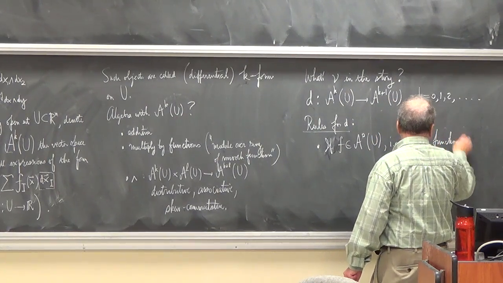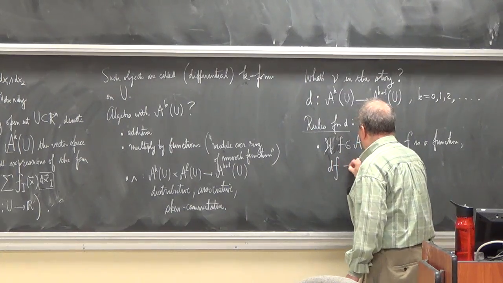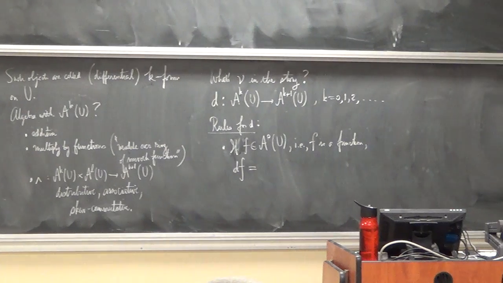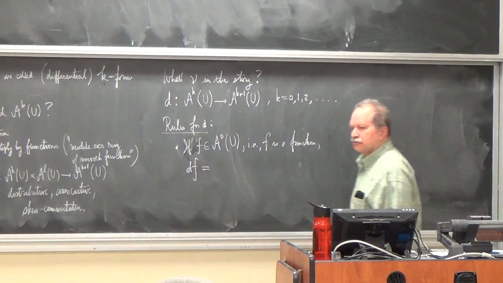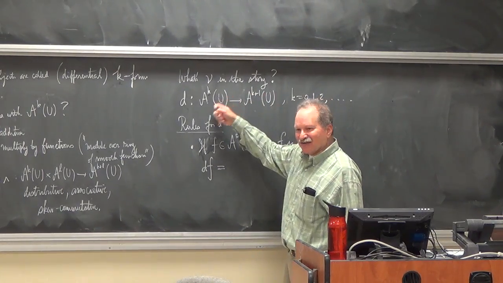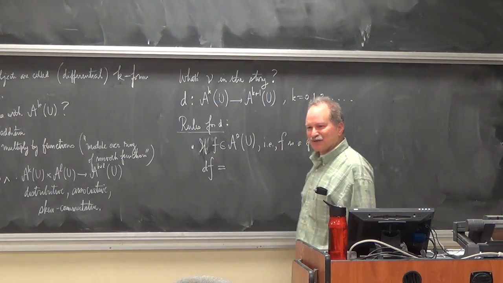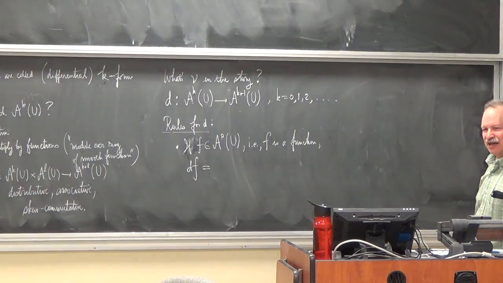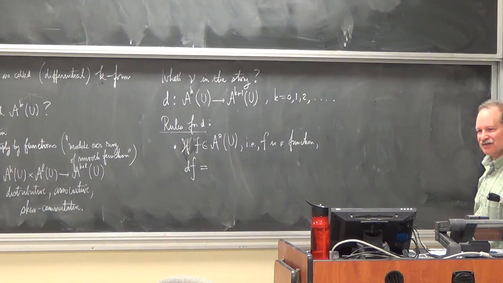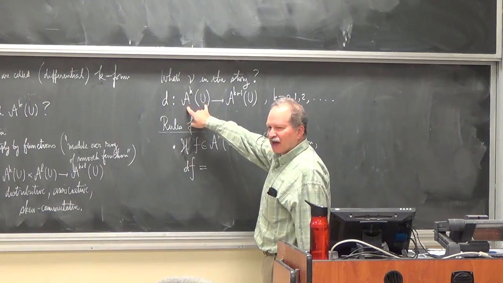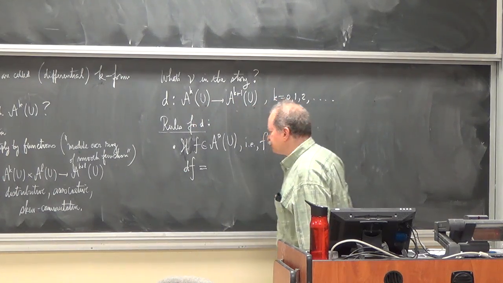A0 denotes functions. What should df be? Well, it should be a 1 form. Is d a function? It's a function on forms that gives you other forms. It's really an operator. It's transforming things in this vector space to things in this vector space.